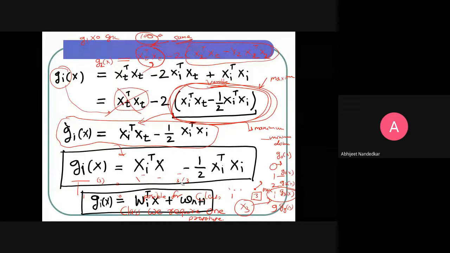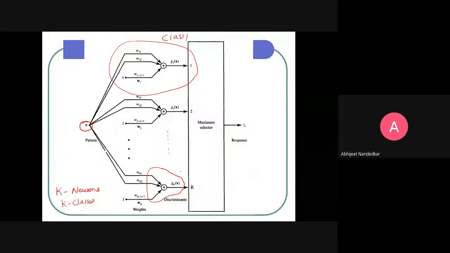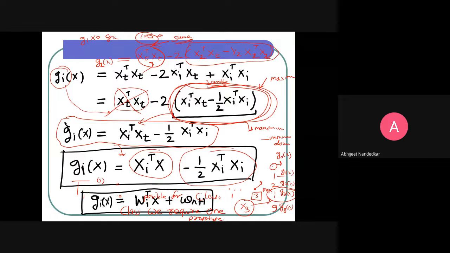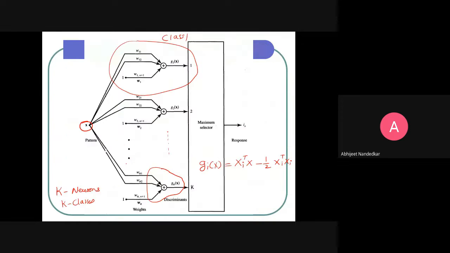What will g1(x) be? g_i(x) is x_i transpose x minus half x_i transpose x_i. Am I right? You can check here: x_i transpose x minus half x_i transpose x_i. So this I want to implement throughout this diagram.